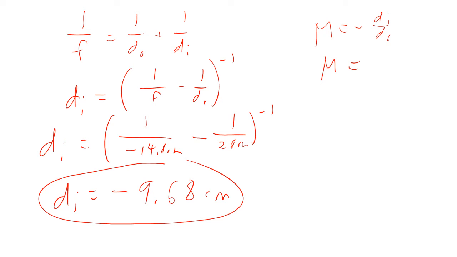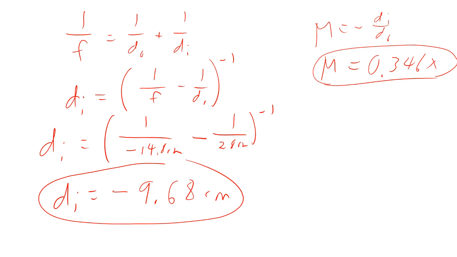So that would be a magnification of 0.346. Now, positive means it is upright. Okay. 0.346 means it's just over a third of the size of the original object.